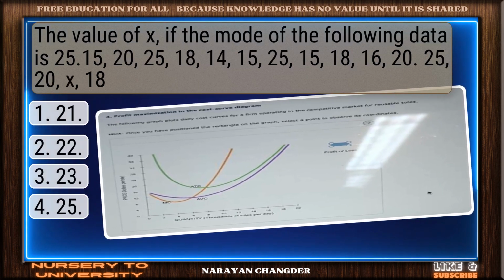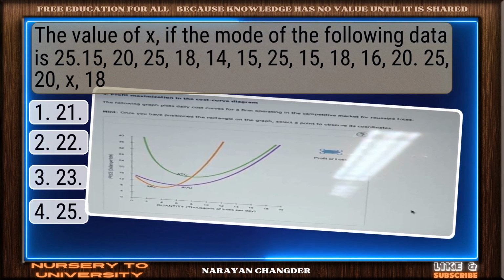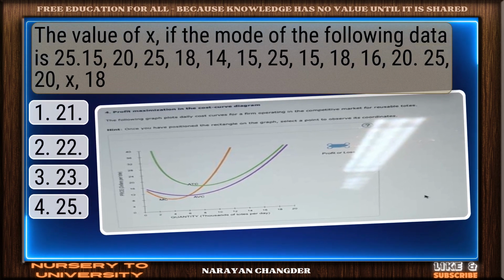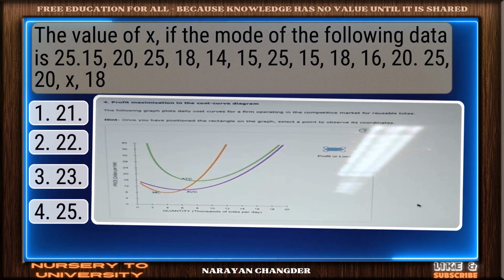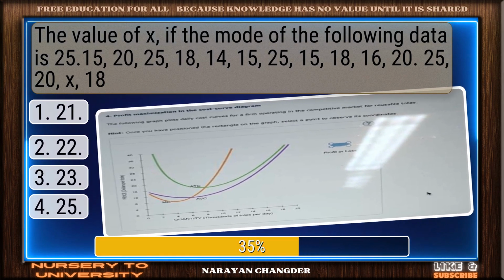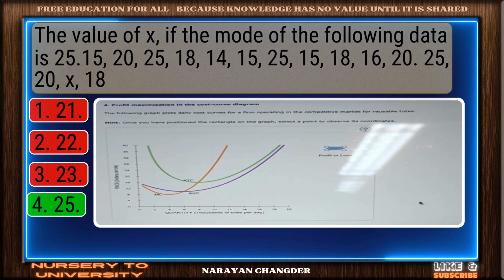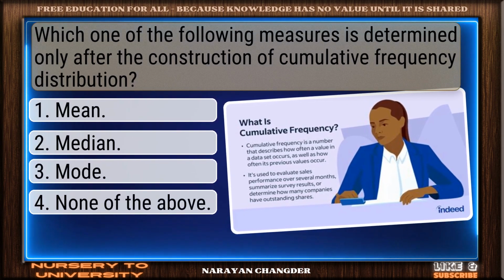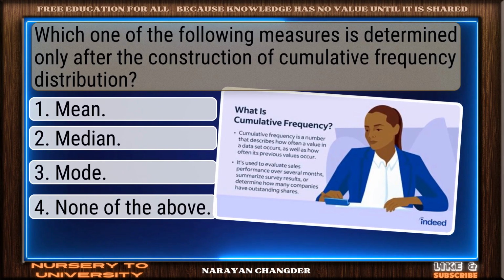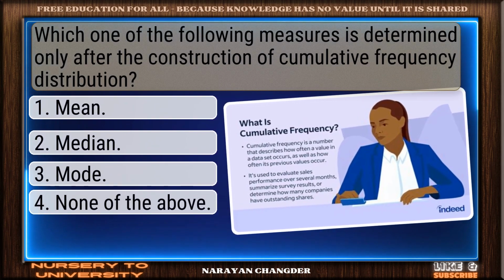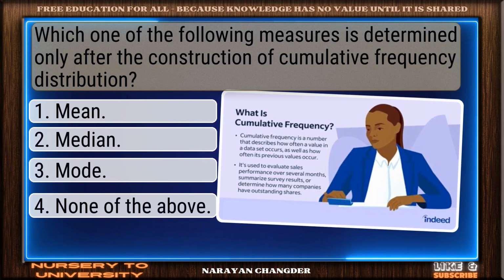Find the value of x if the mode of the following data is 25: 20, 20, 10, 18, 15, 25, 10, 18, 16, 20, 25, 20, x, 18. Strong choice. 25 is right. Which one of the following measures is determined only after the construction of cumulative frequency distribution?